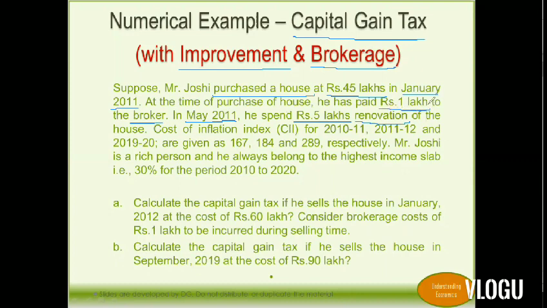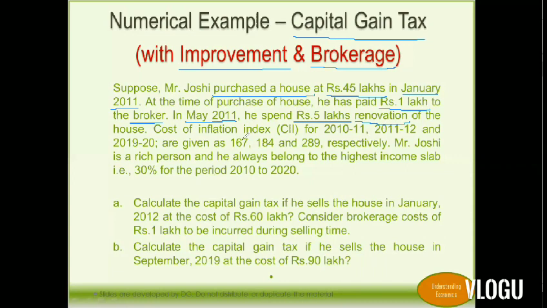So, the entire cost of acquisition is the purchase price, which is 45 lakh, and then the expenditure for the acquisition, that is the house brokerage, and the improvement cost, which will be coming as the 5 lakh, which is the cost of renovation.